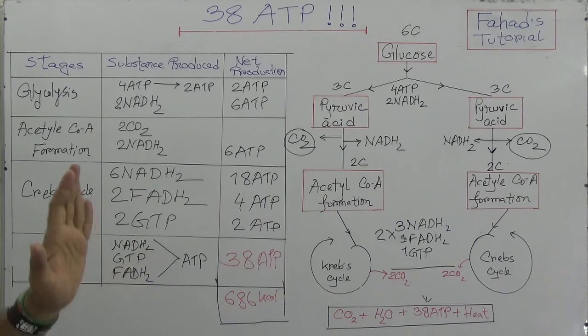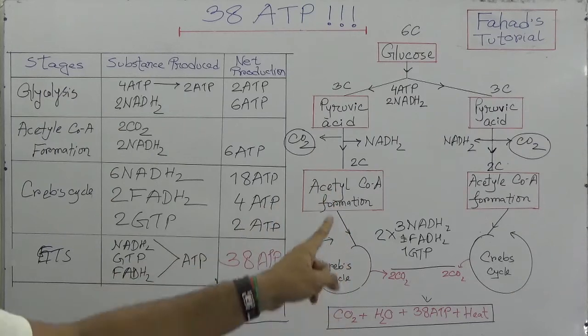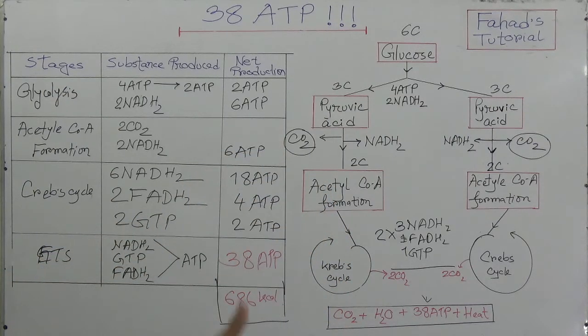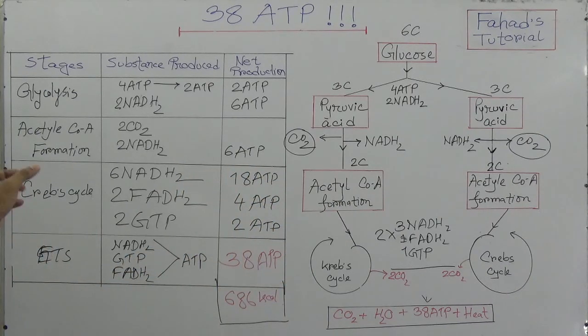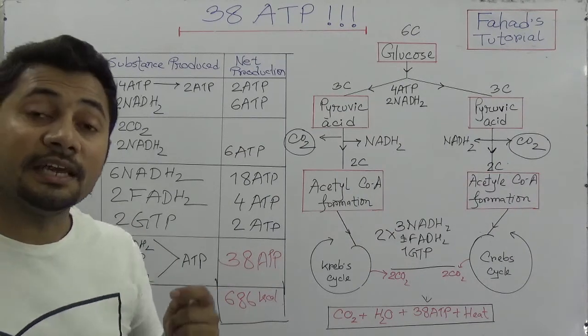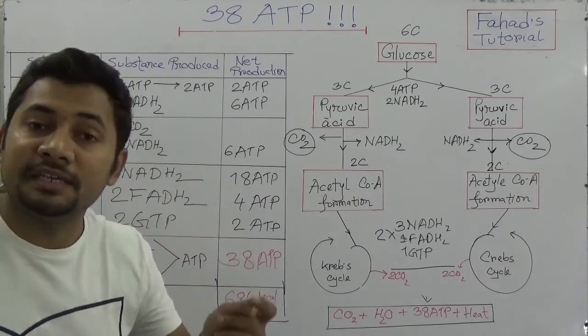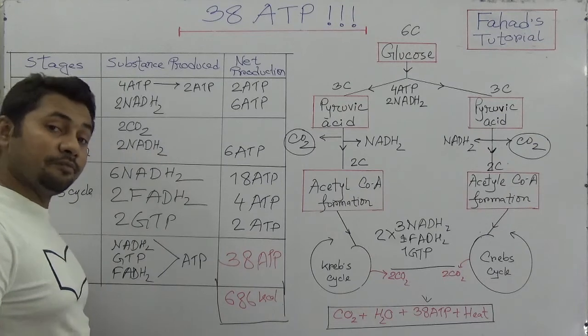So if you understand the title, how 38 ATP is produced, you must know the process of aerobic respiration and the stages of respiration, and in which step how much energy is produced, so that you can make a figure and then a table to understand at which level how many ATPs are produced. In some cases, in an MCQ or multiple choice question, there might be a question of how many ATP are produced in the Krebs cycle, and the answer would be 24.